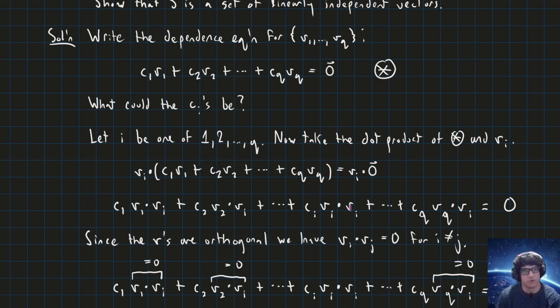Remember, i was chosen to be one of these numbers from 1 to q. So i is one of these summands here. For one of these, I'll be taking vi dot itself, vi, and the rest of them are going to be vi dot a different v. So this is the sum.